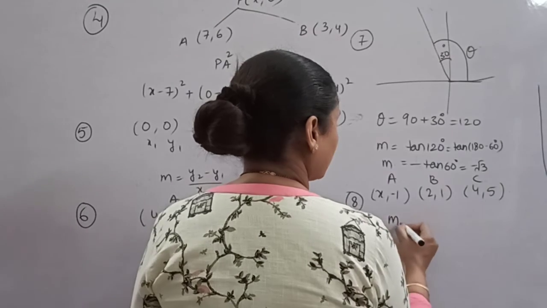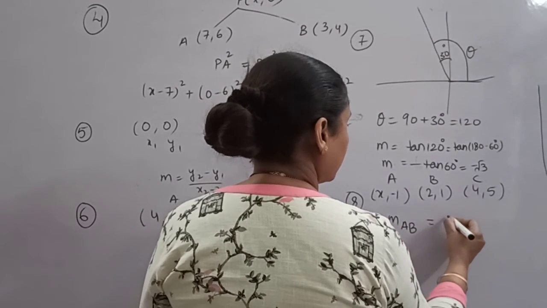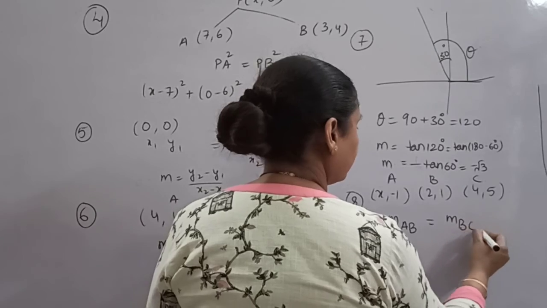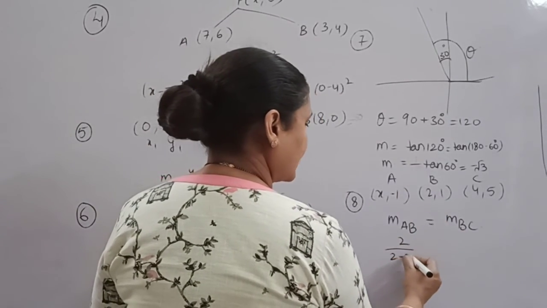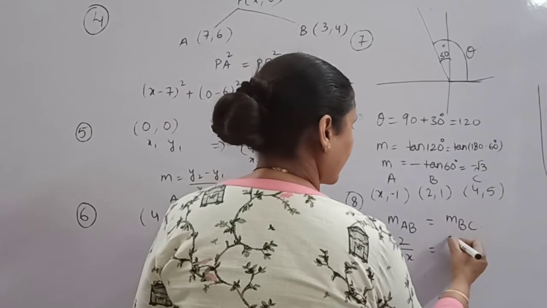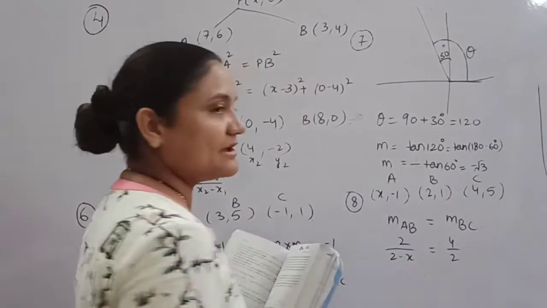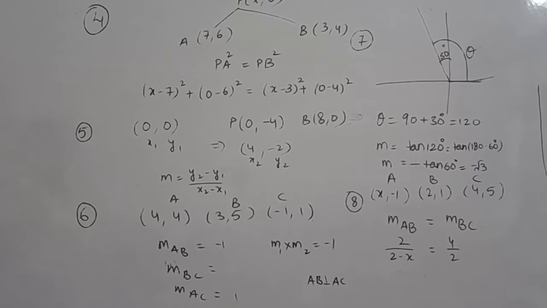So slope of AB will be equal to the slope of BC. y2 minus y1, 2 upon 2 minus x is equal to 4 upon 2. Simplify it and find out the value of the x.